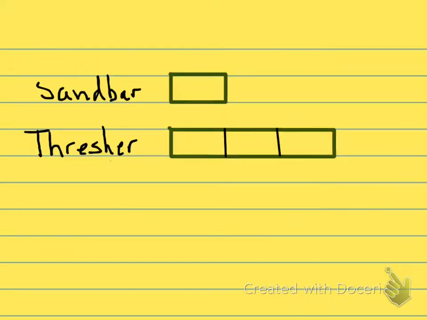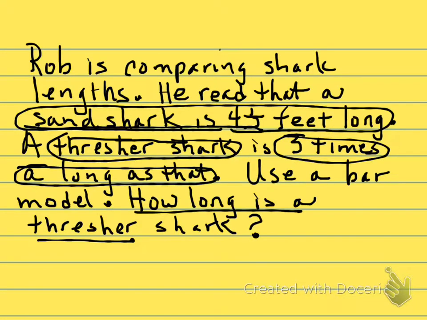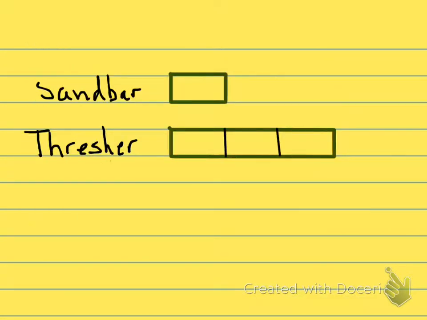The first thing that we know is that a sand shark is 4 1/2 feet long. I know my thresher shark is 1, 2, 3 times as long.